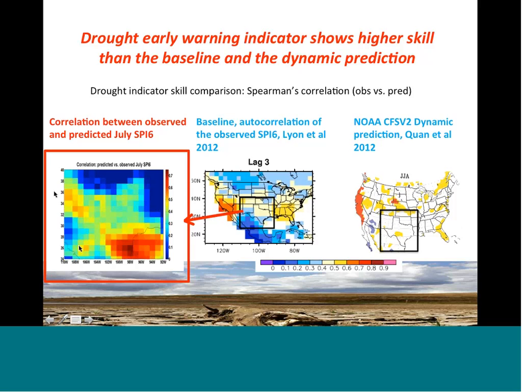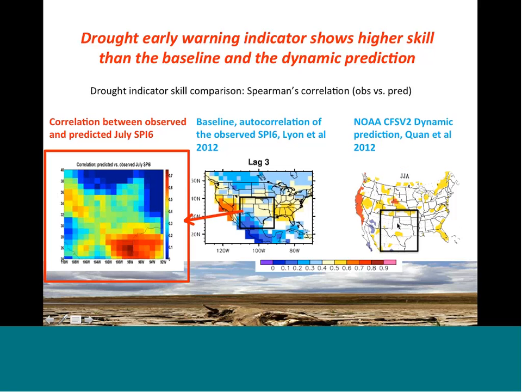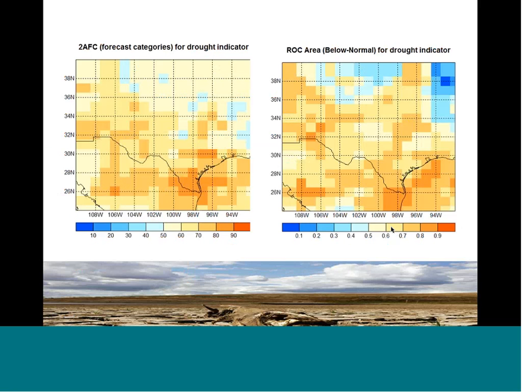And as you can see, this empirically predicted SPI6 shows better skill than the autocorrelation. And I'm just putting this figure from Guan et al., which shows that a dynamic model could not beat the baseline, the autocorrelation.